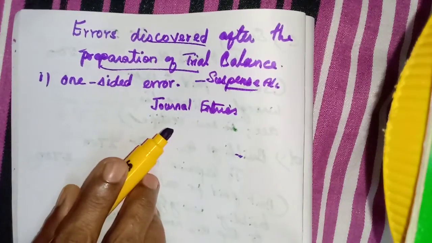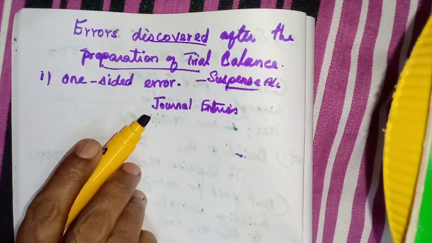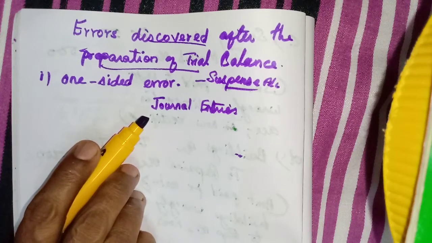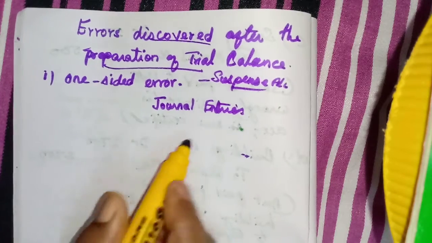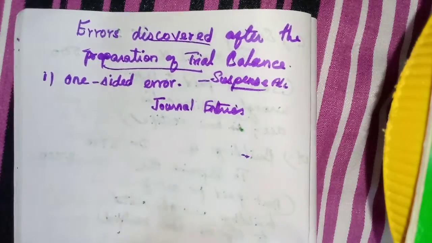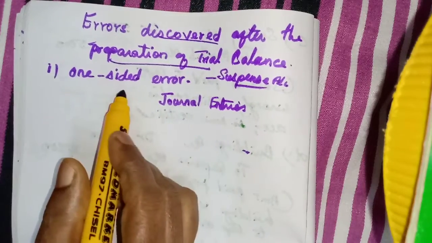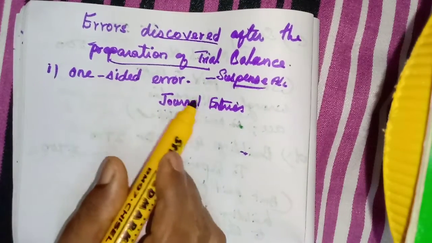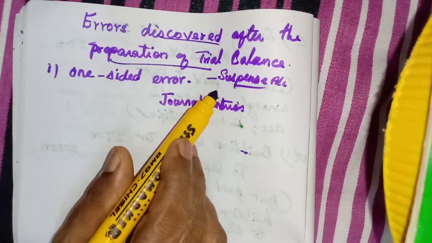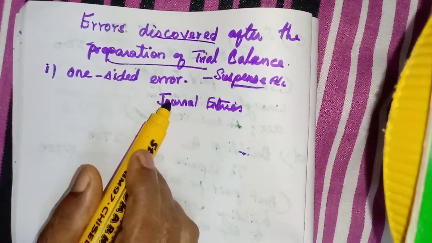A type of journal entries we have learned, isn't it? Rectifying entries, then opening entries, closing entries. I told you the rectifying entry we will study in one lesson. That is what we are learning now. So this rectifying entry is for one-sided errors, and two-sided errors also have entries.